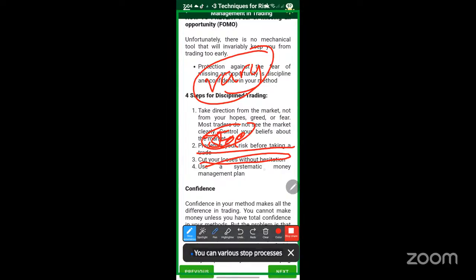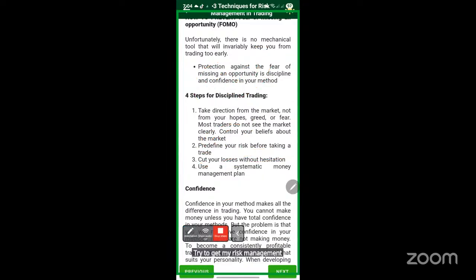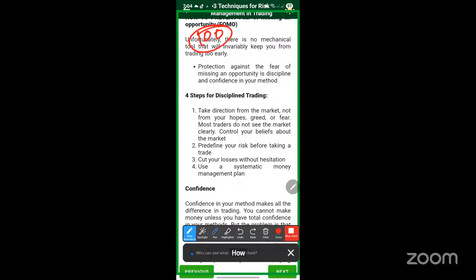Use a systematic money management plan, which covers risk management and capital deployment. How do you invest? If you have $100, how do you put the $100 into a trade?